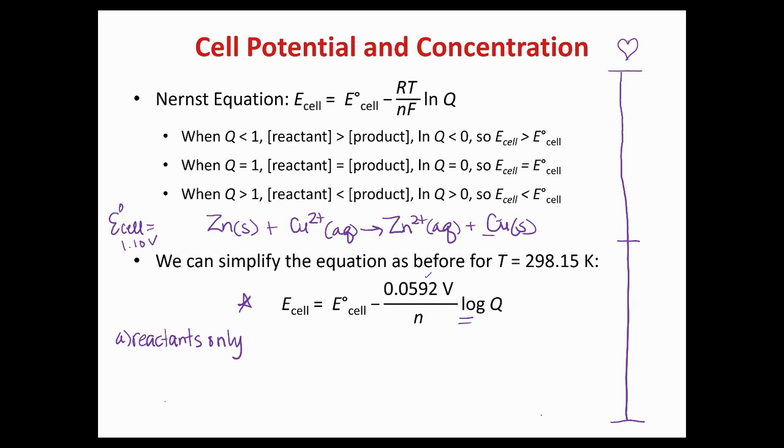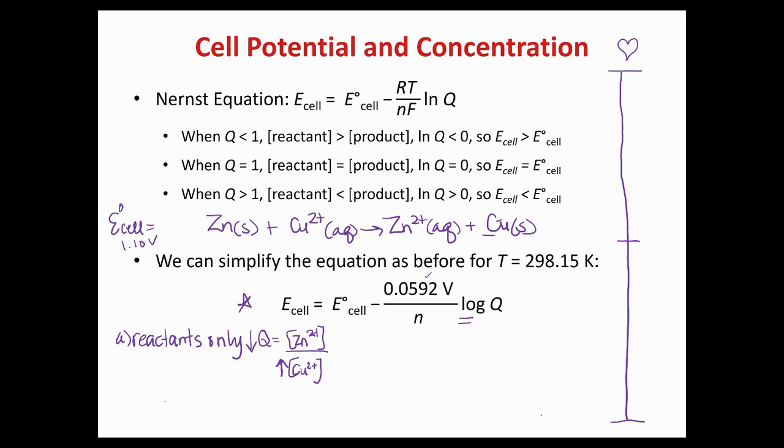Okay, now what the Nernst equation is going to tell us is that when you start off, let's look at what Q is. Q would be zinc ion over copper ion. And with reactants only or close to that, you're going to have a whole bunch of copper too, correct? That's going to make Q very small.